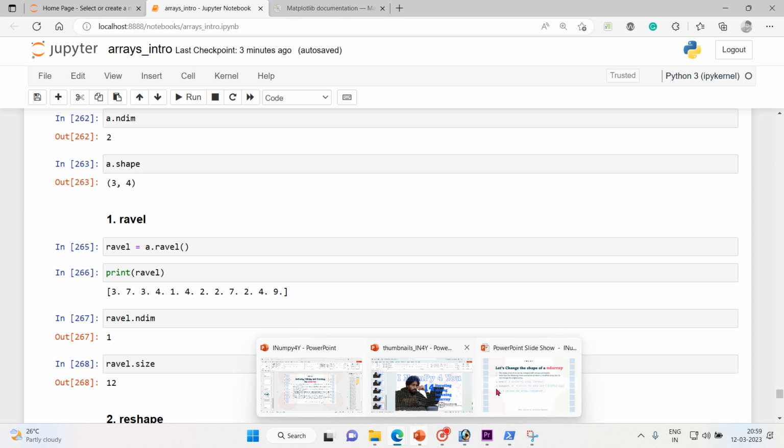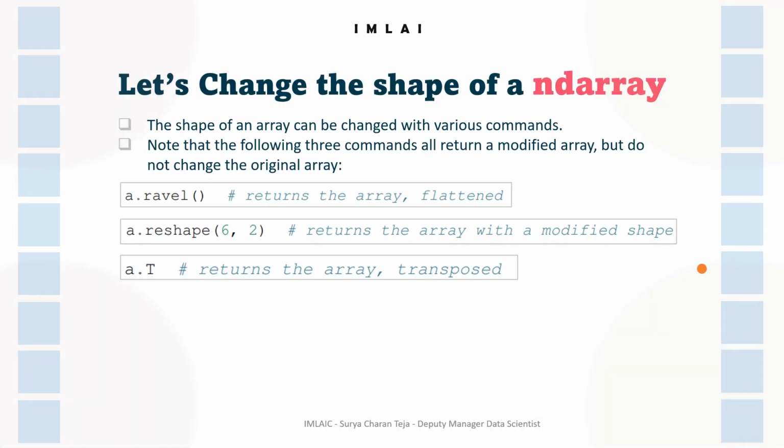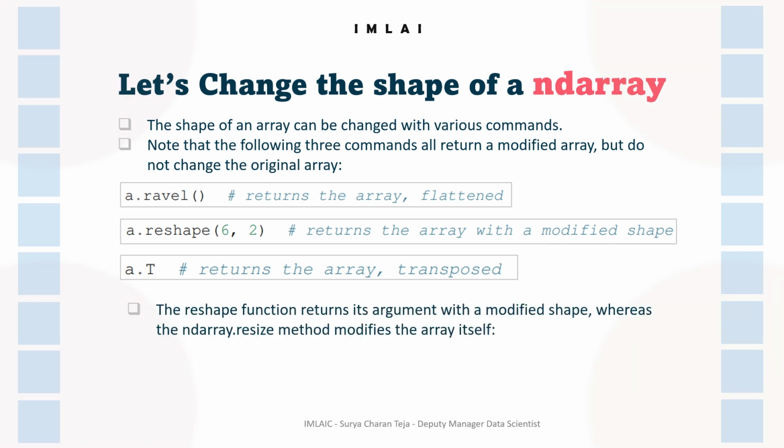So now let's get back to our slides. And so here we can see a few more things. The reshape function returns its argument with a modified shape, whereas the ndarray.resize method modifies the array itself.